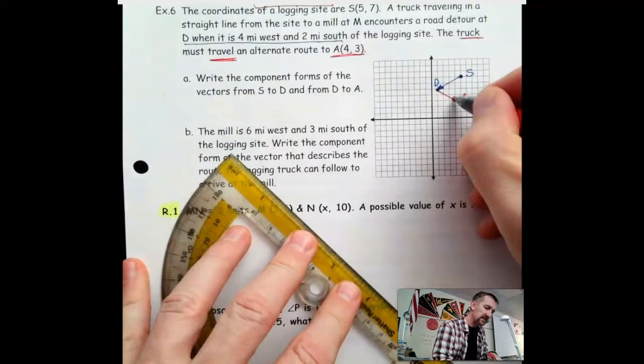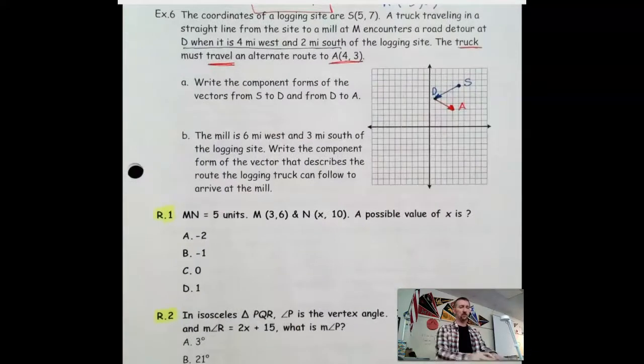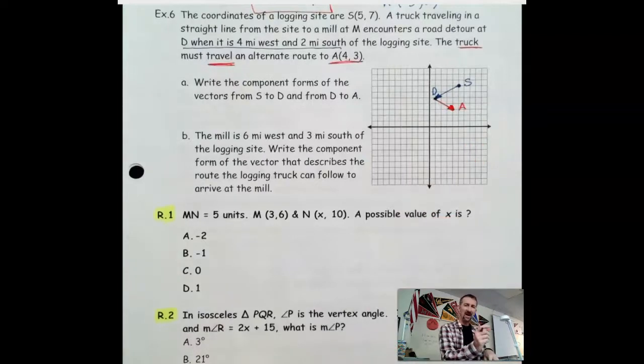Now, one place that vectors used to be used quite a bit, I'm not really sure now, but with air traffic control. So when air traffic controllers would see planes on their screen, the plane would be a vector. So that would show how fast the plane was moving and what direction it was moving.